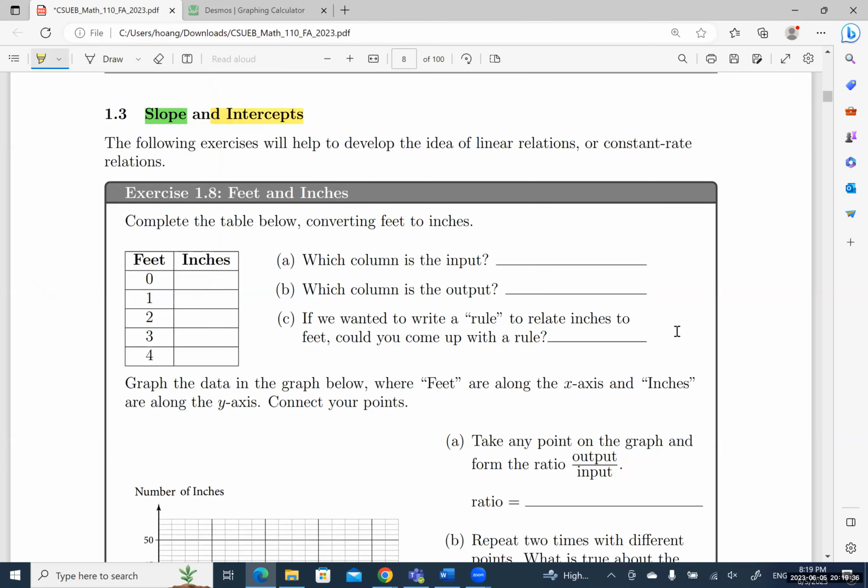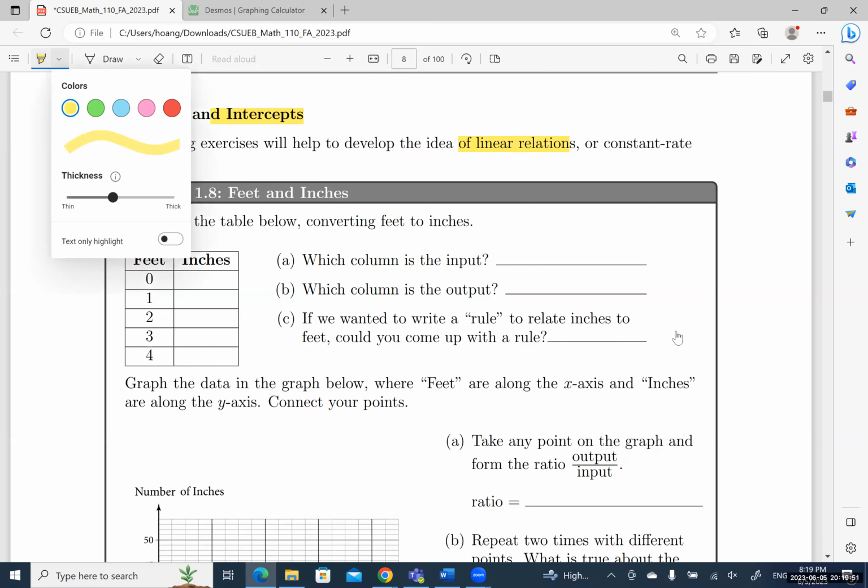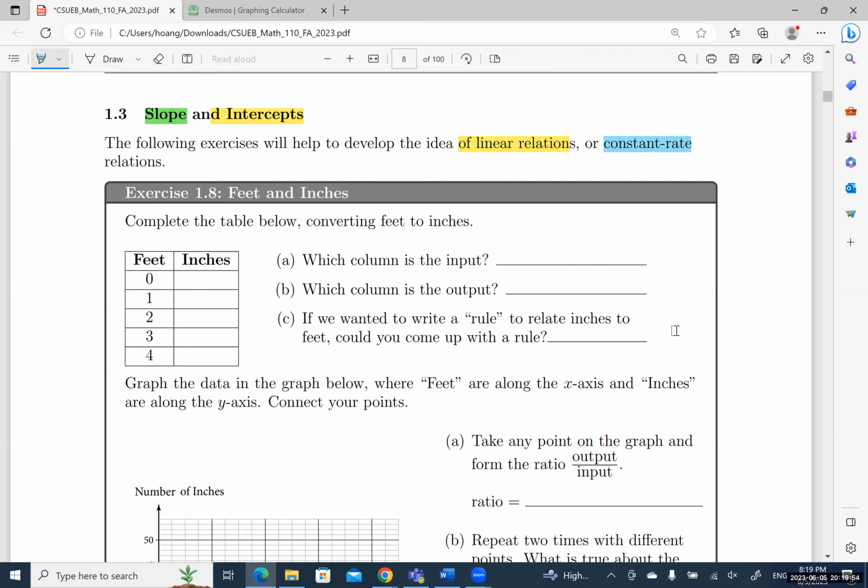These two actually mostly come from linear relations, right? Which also have the name constant rate relations. Okay.